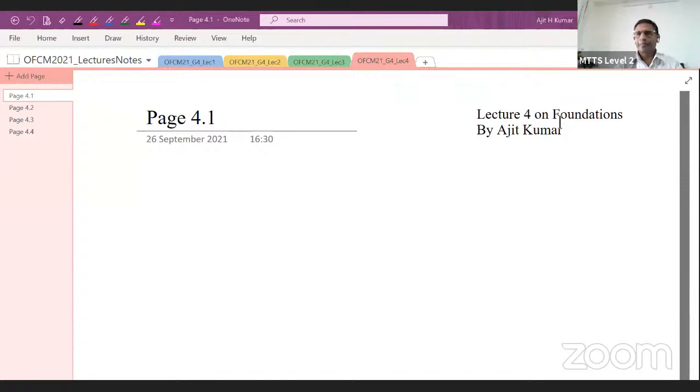Let me write a few statements, maybe just two or three, and then we'll see what it means. We also look at when such statements are true, and when they are not true.